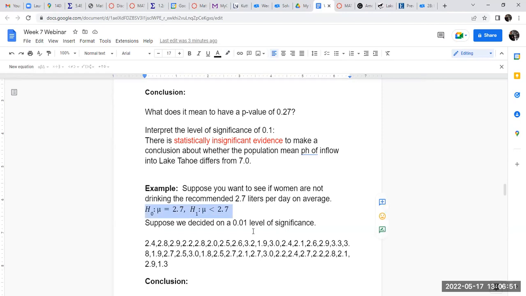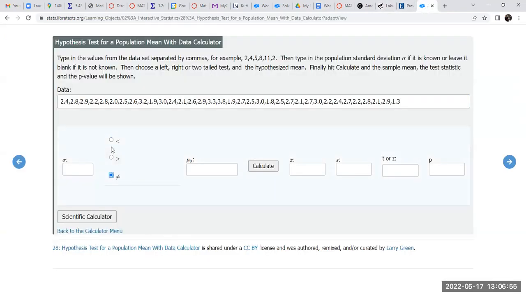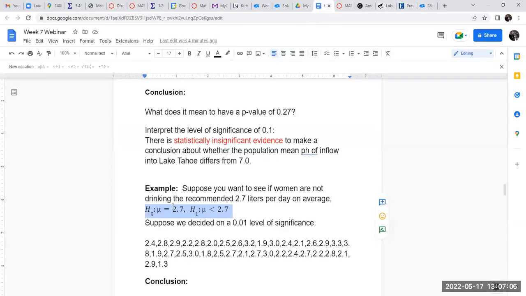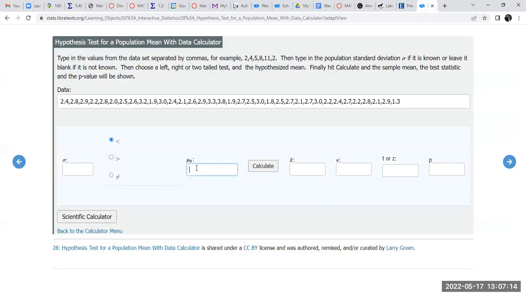We're on this one now. It's a less than. Sorry. Yeah, that's a less than. So I make sure I click on less than. Mu naught. That's always the mean number in H naught. So the mean number in H naught is 2.7. And then I hit calculate.